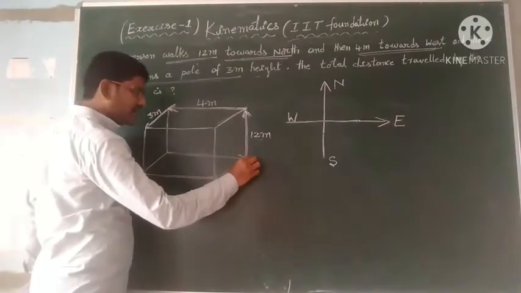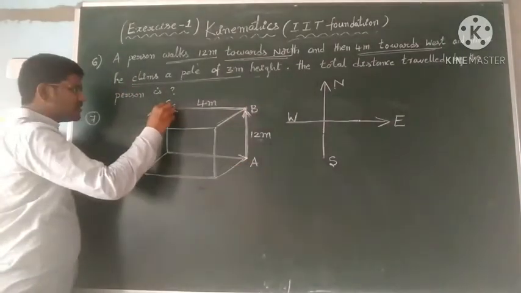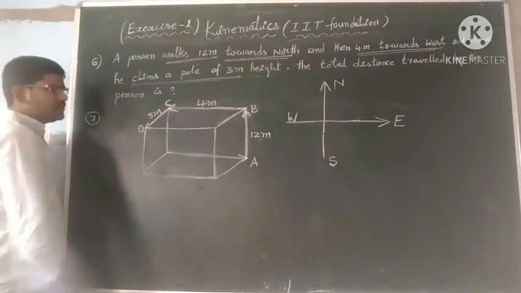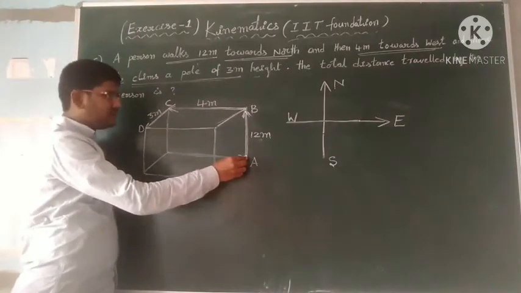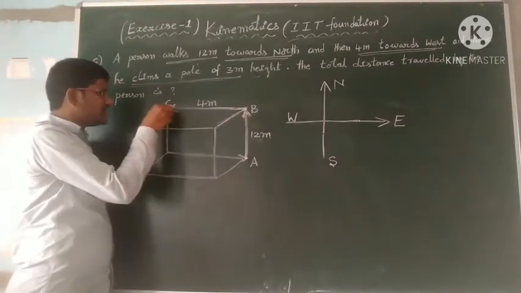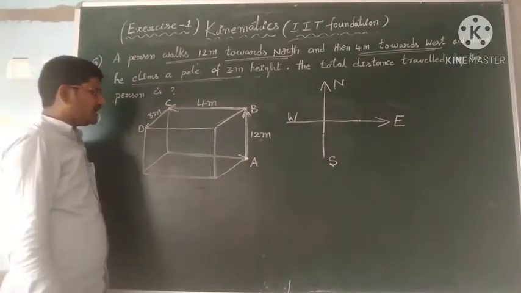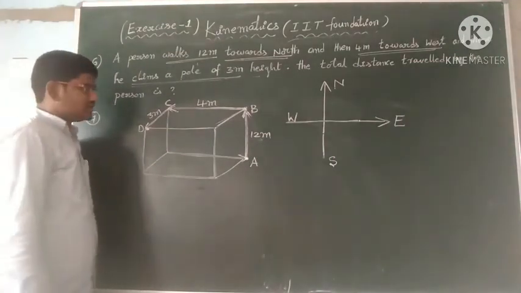Means he started at A, reached B, B to C, and C to D. These are the points he covered. At this vertex of the cube he started, and the opposite vertex of the cube he reached.